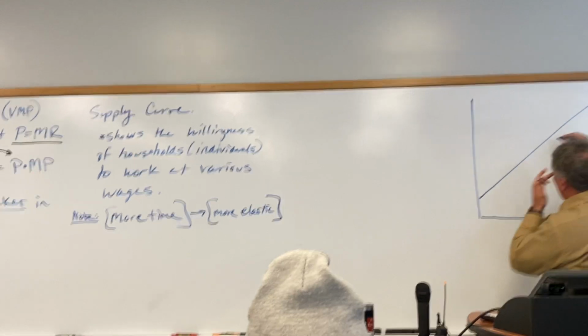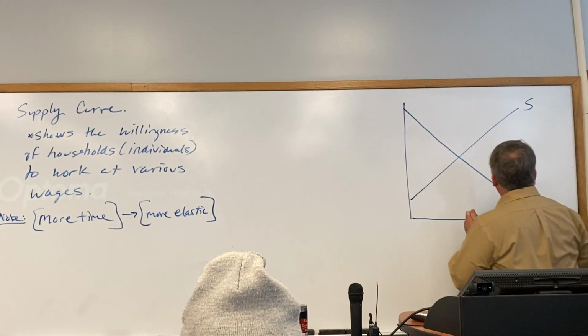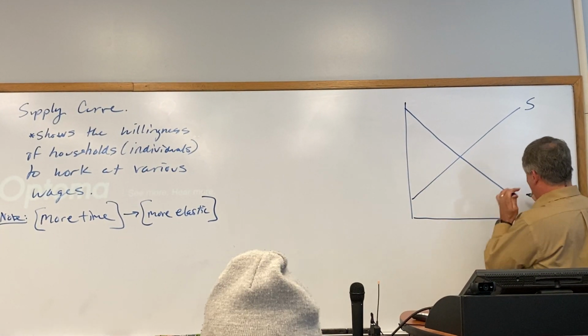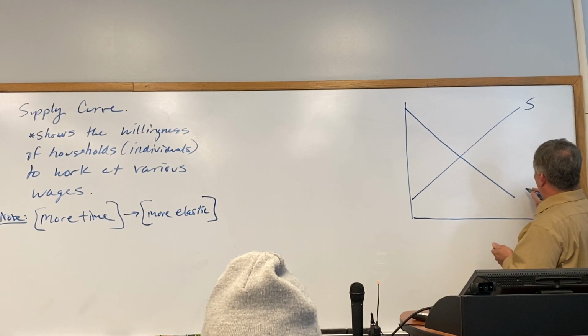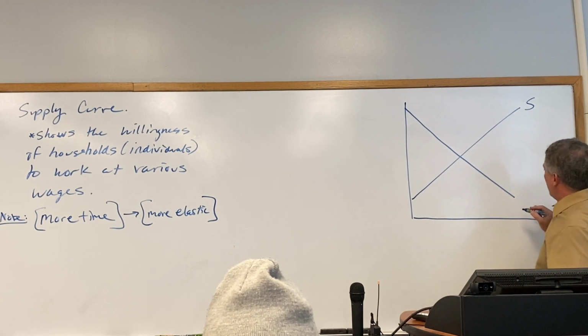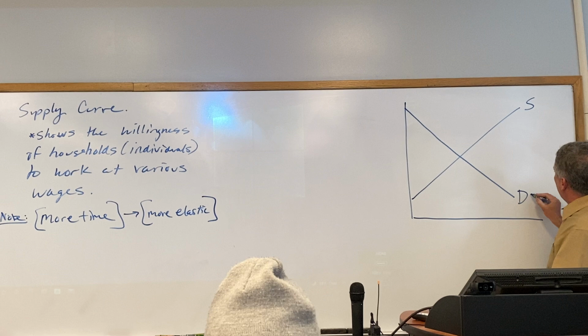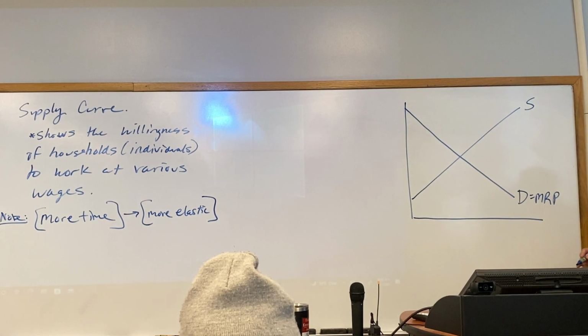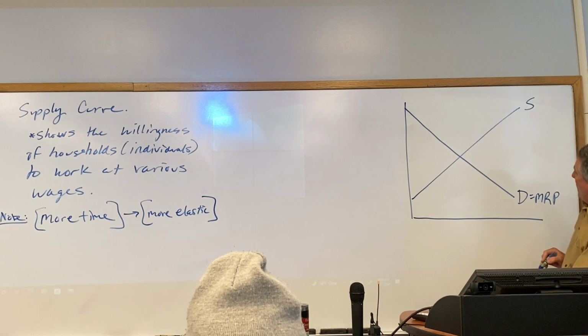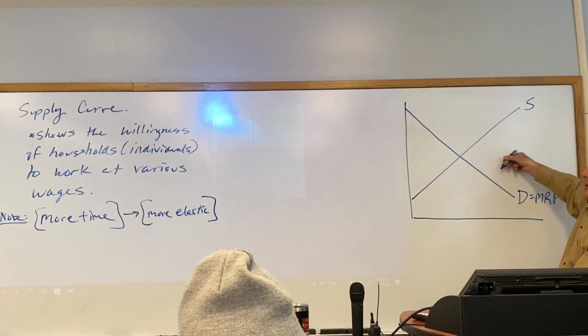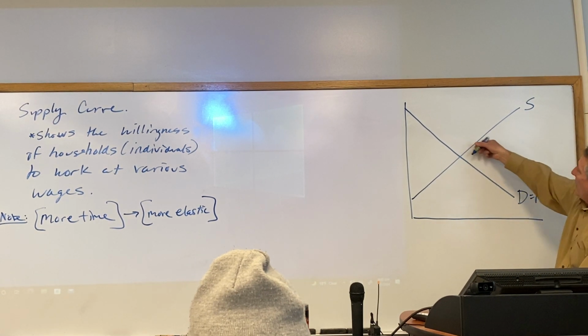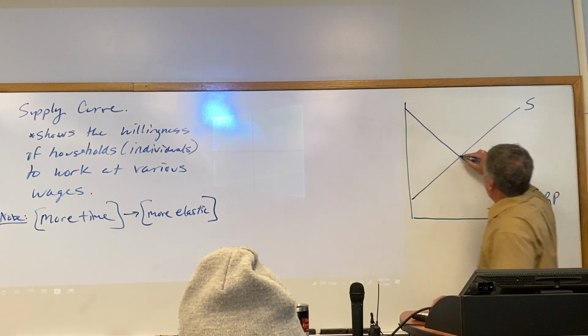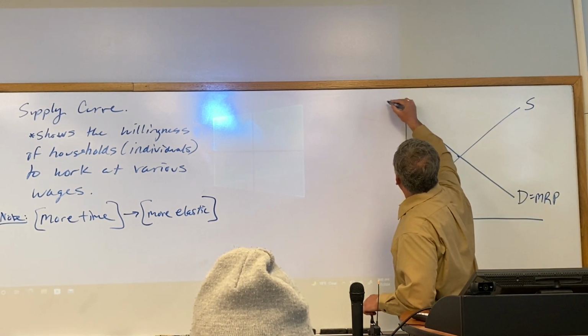So with an upward sloping supply curve and a downward sloping demand, where we're thinking about a whole bunch of people's marginal revenue products, the demand is the marginal revenue product curve. When people enter the labor force, it's going to bring wages down.